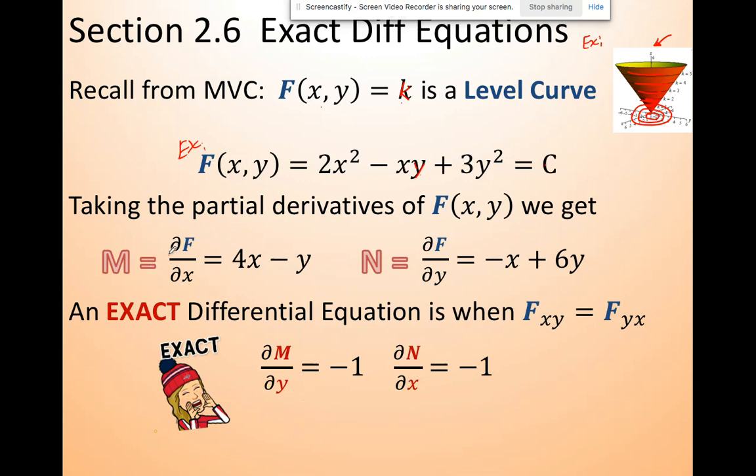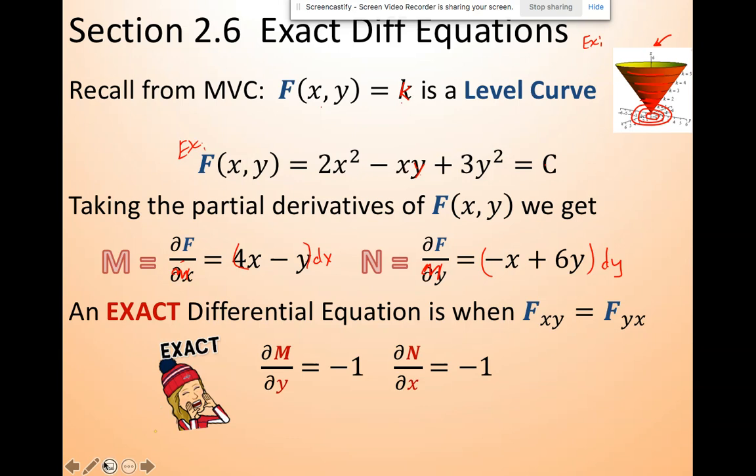If I call this M the partial of f with respect to x, and I call this N the partial of f with respect to y, these, if you multiply this by dx, that's what it looks like.